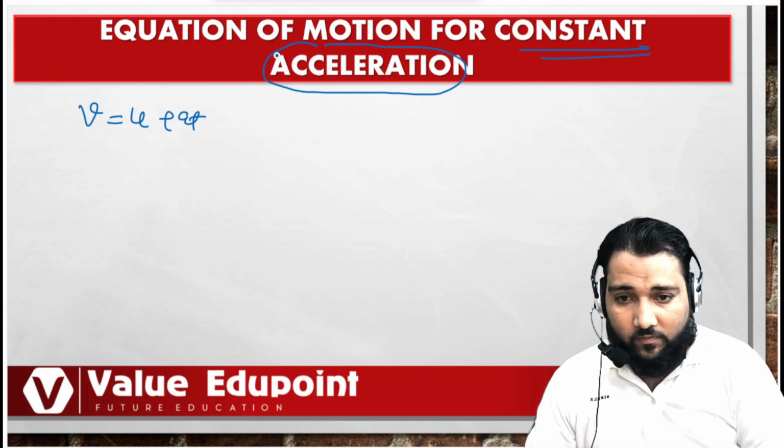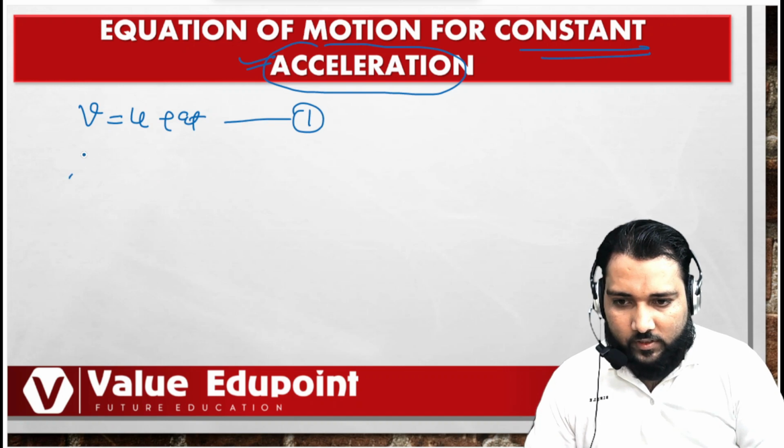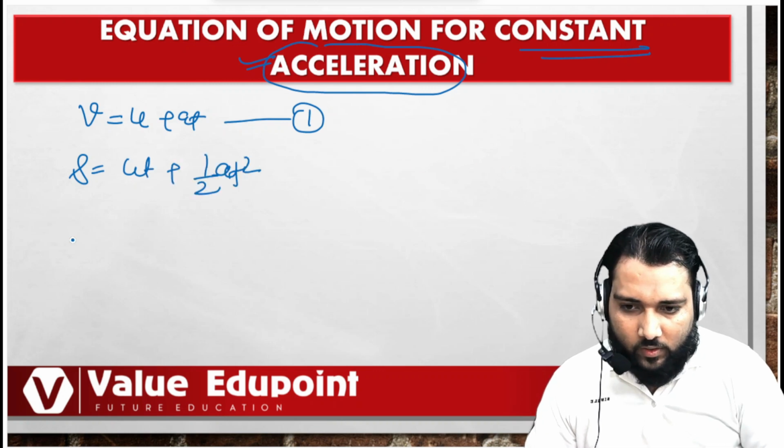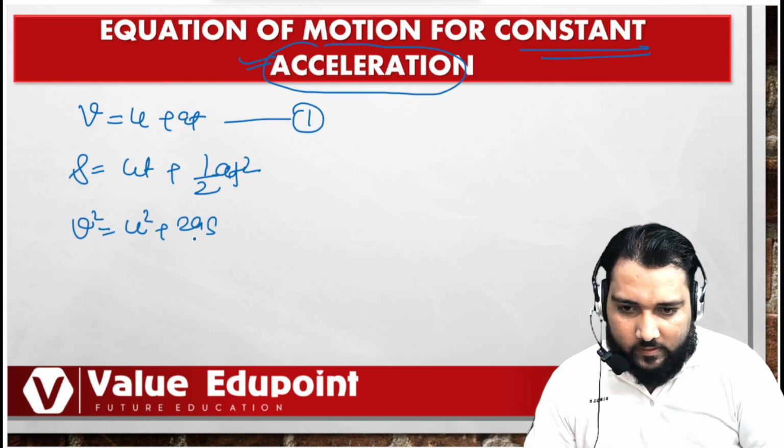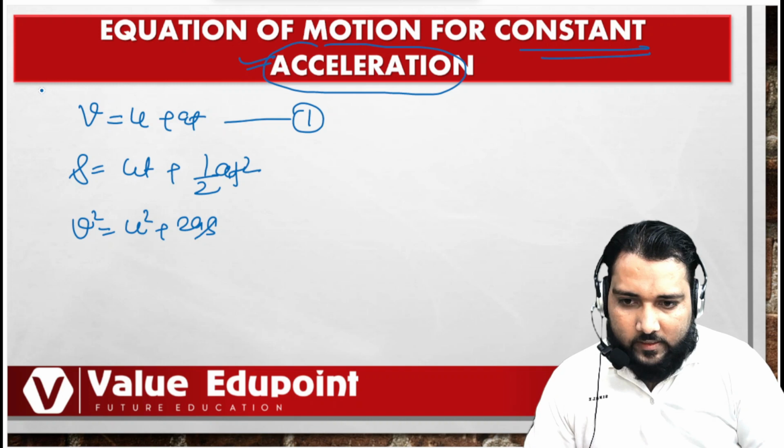But this is the very important condition to use these equations. The second equation, the displacement, is s equals ut plus half at square. And the last is v square equals u square plus 2as. Is it okay, guys? These are the three equations of motion.